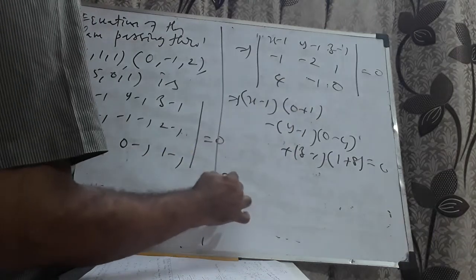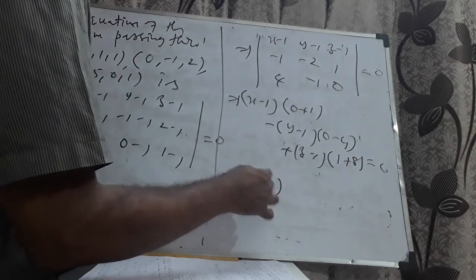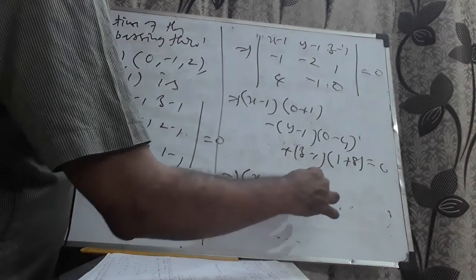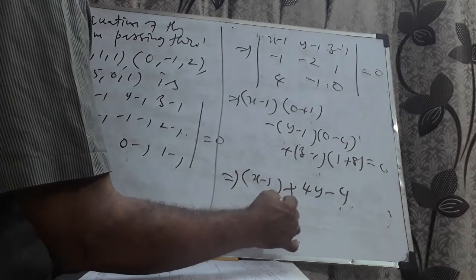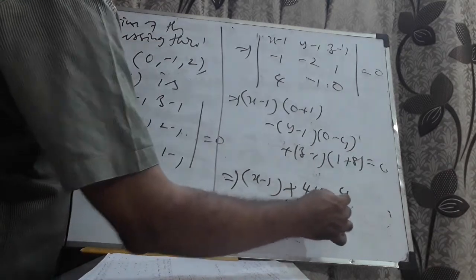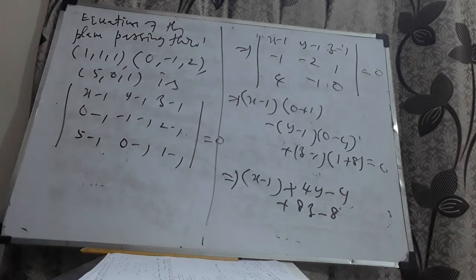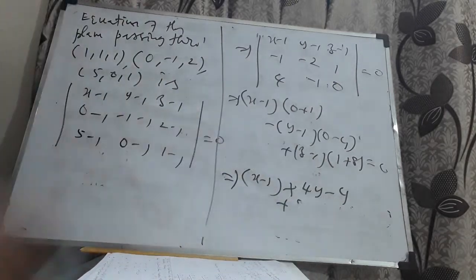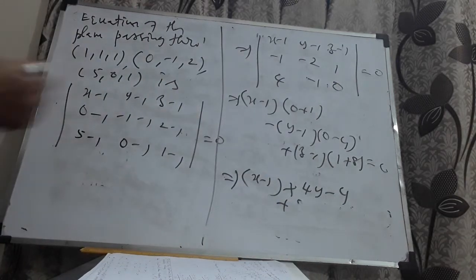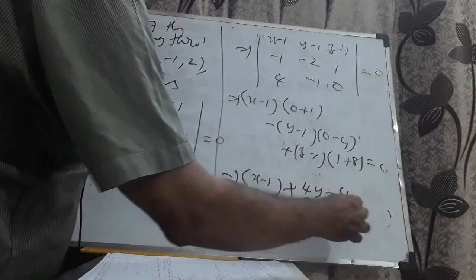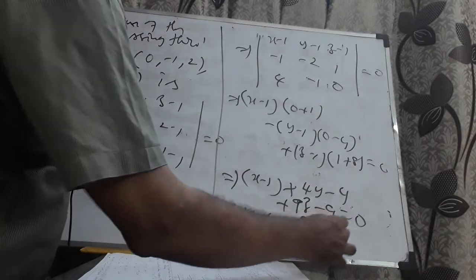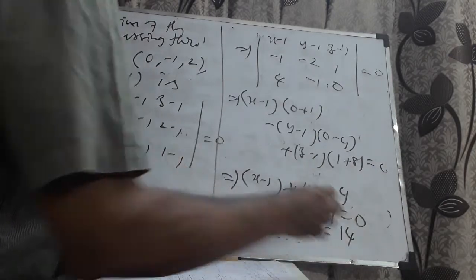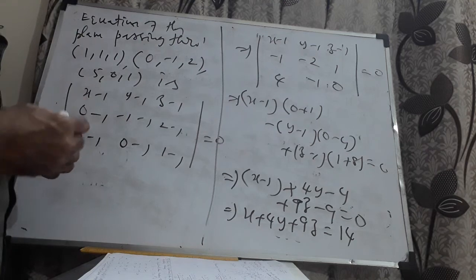So you end up with x minus 1 plus 4y minus 4 plus 9z minus 9, sorry, it is not 8z, it is 9z minus 9, equal to 0. Which implies x plus 4y plus 9z is equal to 14. That will be the final answer.